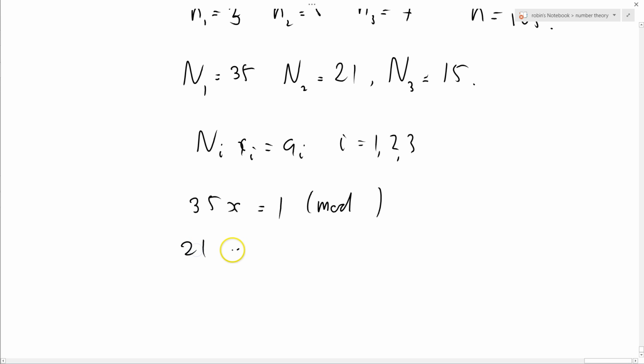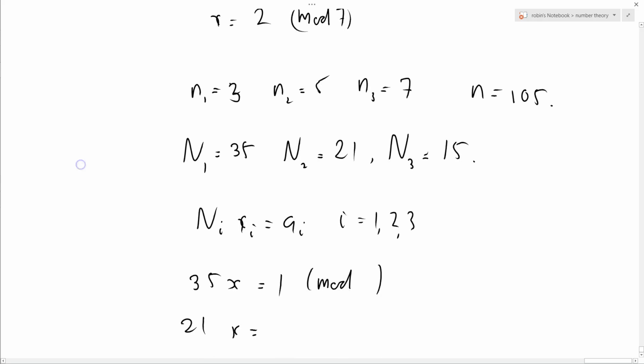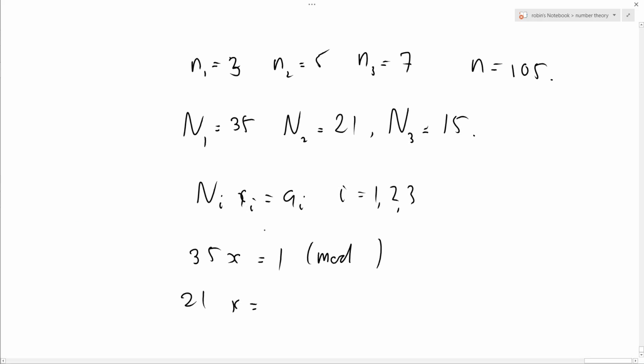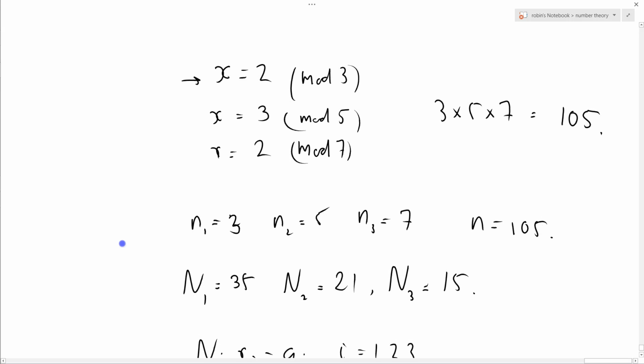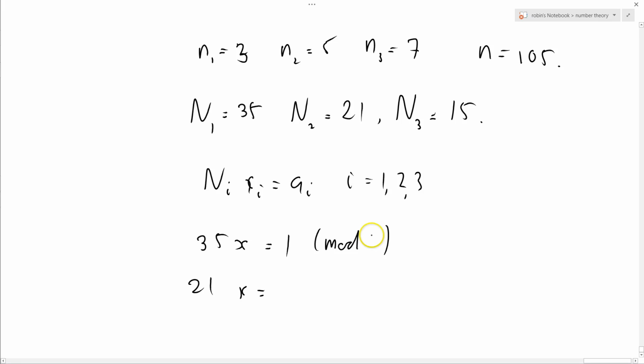We have got 21x equals, what was it? Oh, that's x equals 2 modulo 3. That is equal to 35x equals 1 modulo 3.